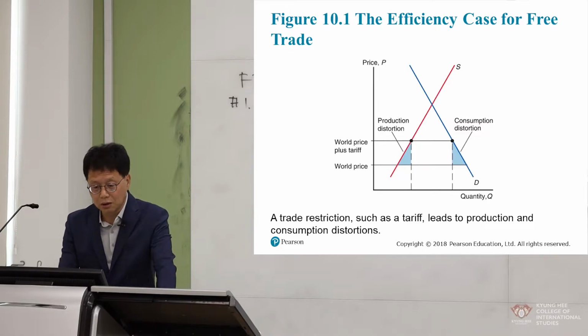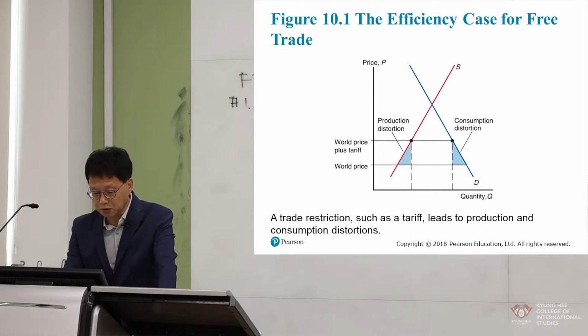So figure 10.1, the efficiency case for free trade. A trade restriction such as a tariff leads to production and consumption distortion, right? We know the deadweight loss when government imposes a tariff. Inefficient firms produce too much. That is the production distortion in figure 10.1.